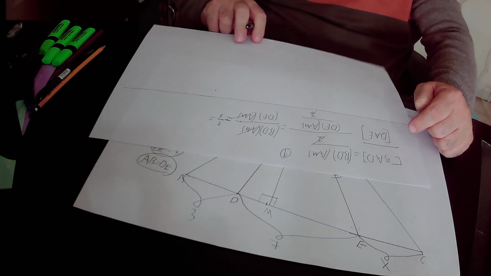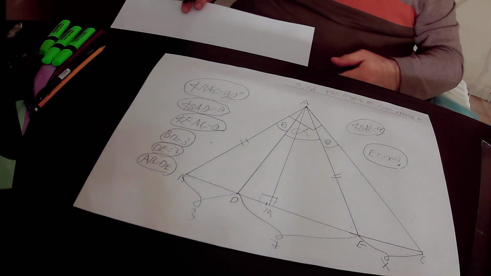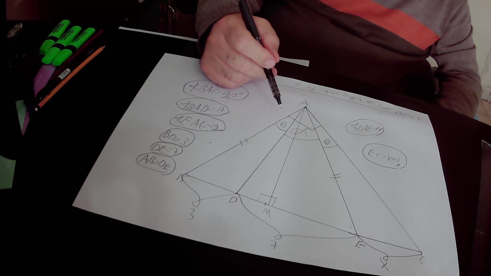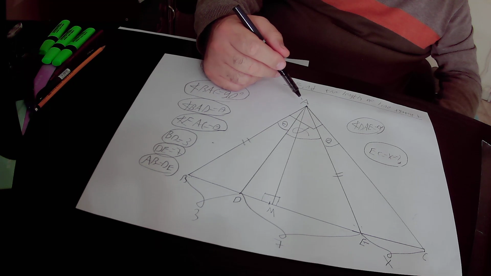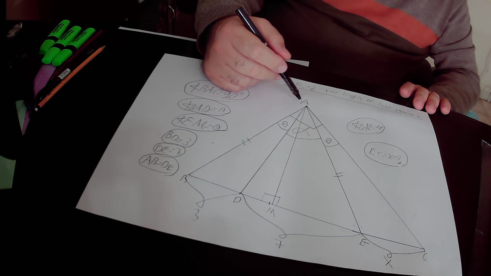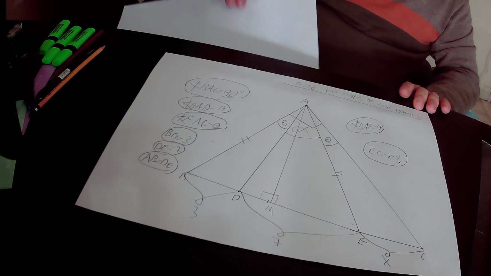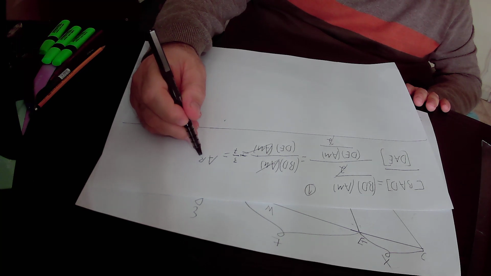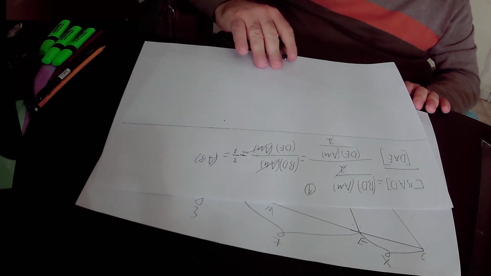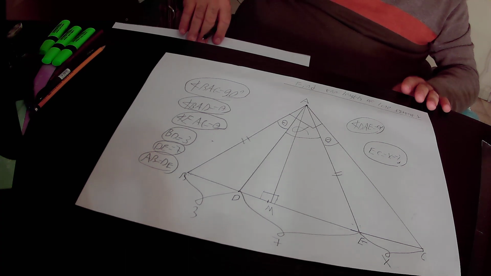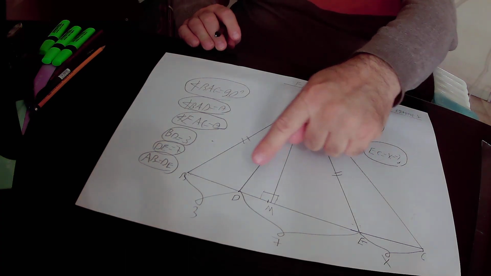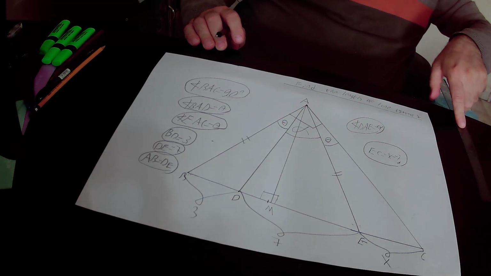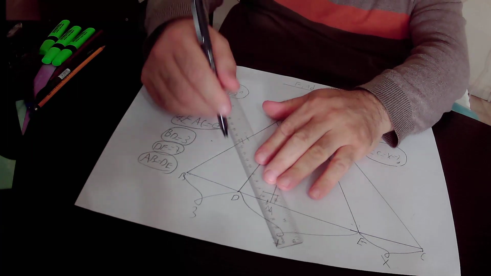In the next step, we will calculate the area of triangle BAD in a different way. Here, the base of the triangle will be AB, so it will be equal to the base AB times the height to the base. The height to the base must create 90 degrees with the base, so from point D we will go perpendicular to the base.